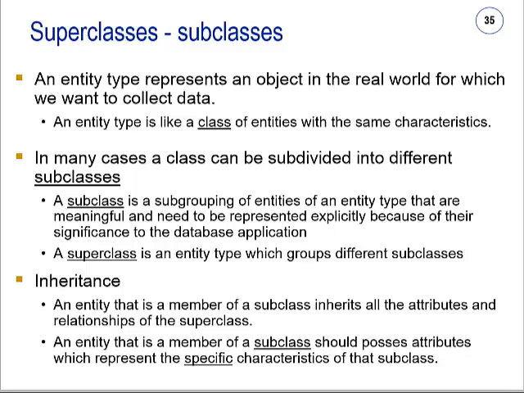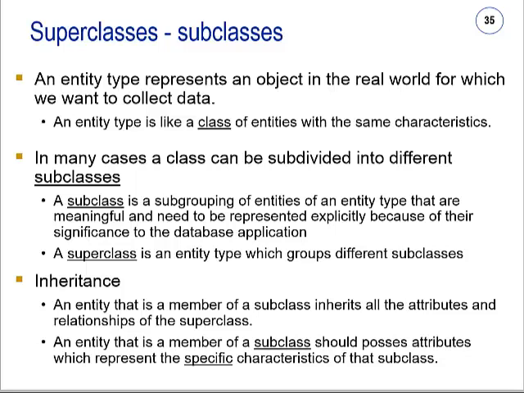An entity that is a member of a subclass, remember, professor or student, inherits all the attributes and relationships of the superclass. So in our particular case, this means that a student inherits all the attribute types of person, but also a professor inherits all the attribute types of a person. An entity that is a member of a subclass should possess attributes which represent the specific characteristics of that subclass.